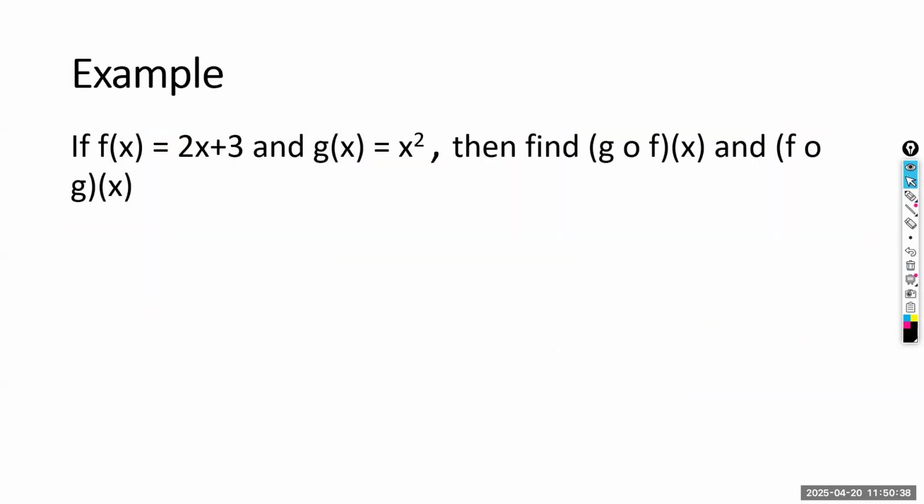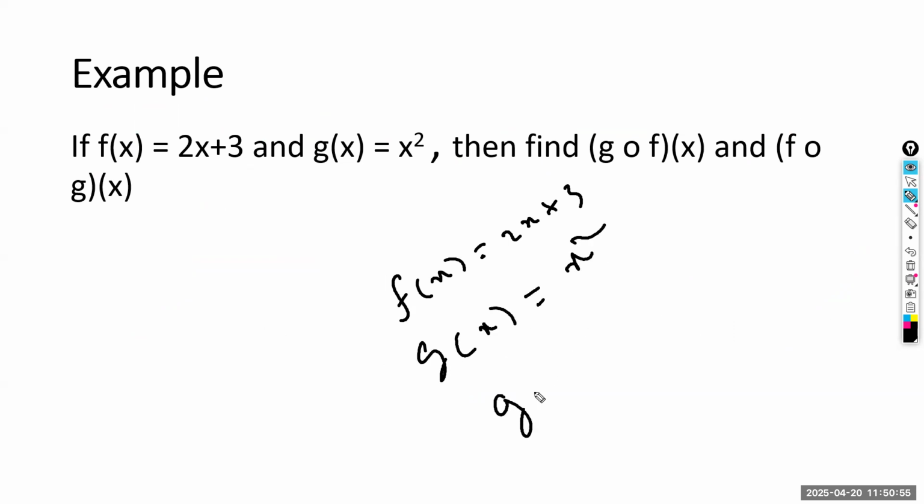Right. So finding these composite functions is super easy. Say this is my f(x). This is my g(x). I want to find g∘f of x. So that means g of f(x).